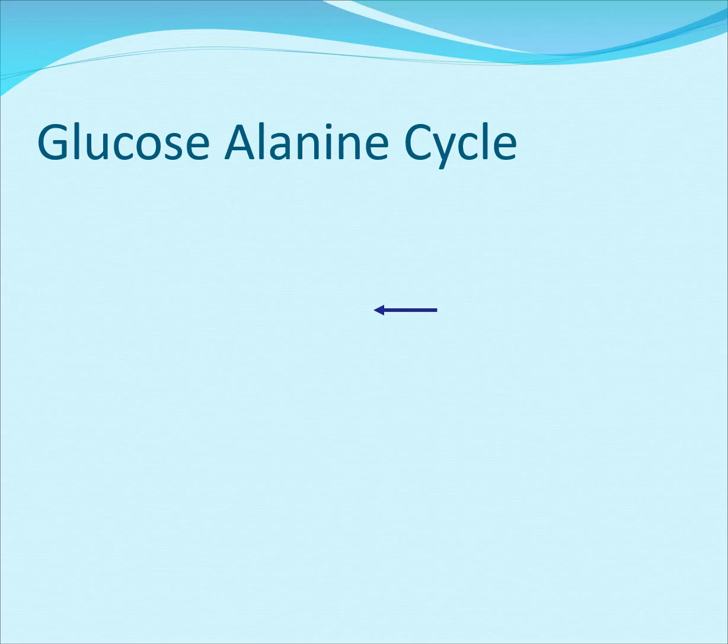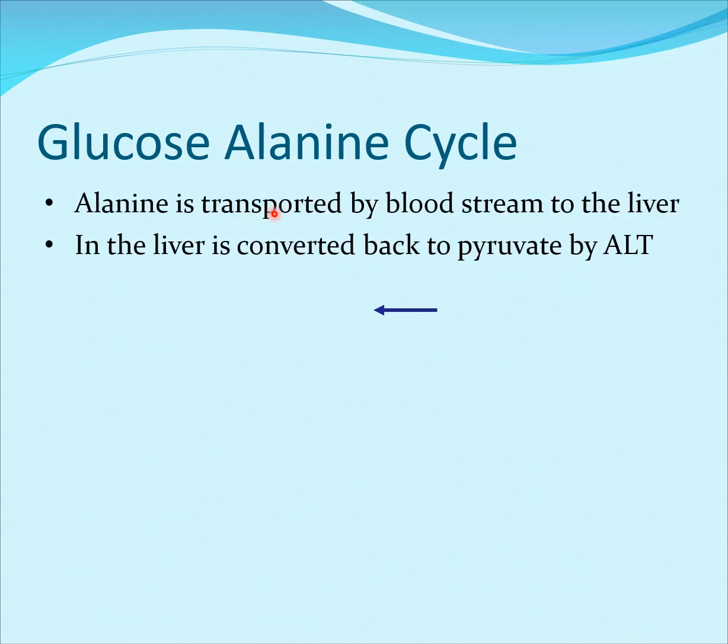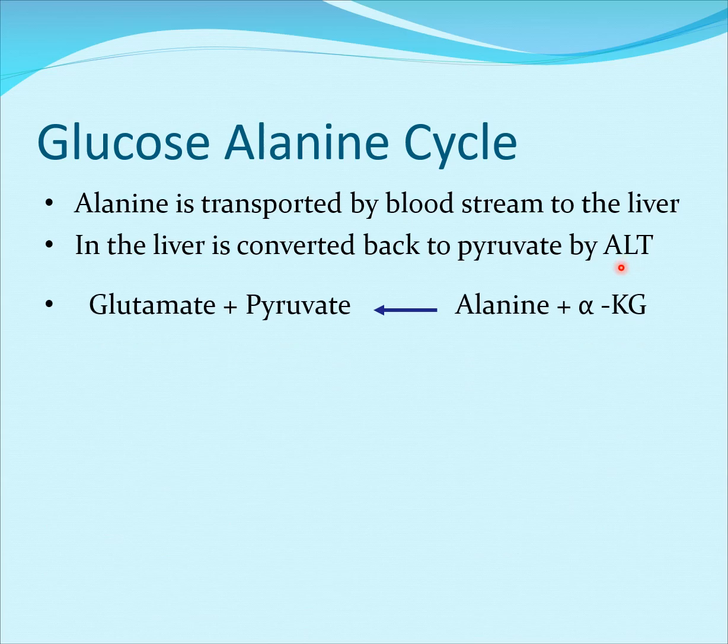Now alanine is transported in the bloodstream to the liver, and in the liver it is converted back into pyruvate by ALT, by the reverse action. Here alpha ketoglutarate combines with alanine, also by ALT, to form pyruvate and glutamate.